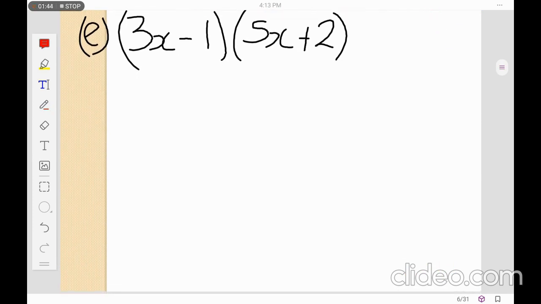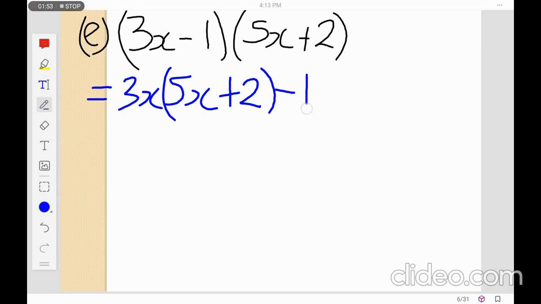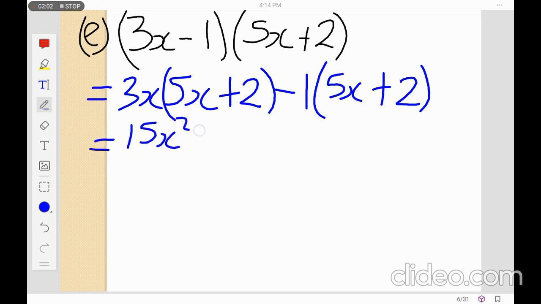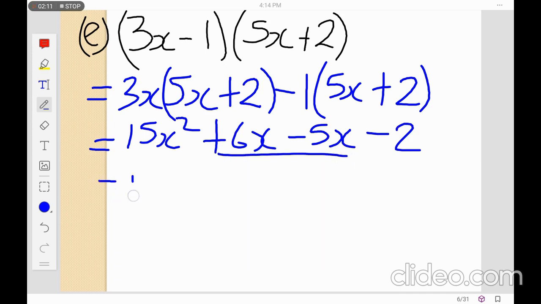This one we do the same. We expand our bracket, so I'll have 3x multiplying the second bracket 5x plus 2, then minus 1 multiplying the second bracket 5x plus 2. Let's simplify. I'll get 15x squared, then plus 6x minus 5x and minus 2. Simplifying this part, I'll get 15x squared plus x minus 2.